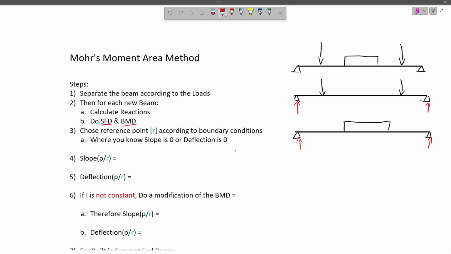Now let's look at step 3. Step 3 says choose your reference point R, according to the boundary conditions where you know slope is 0 or deflection is 0.